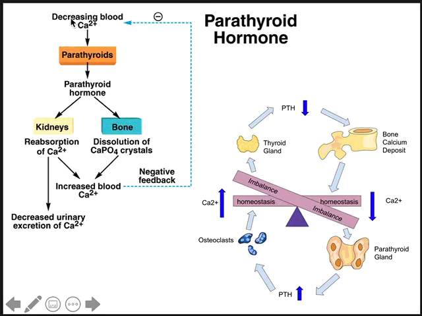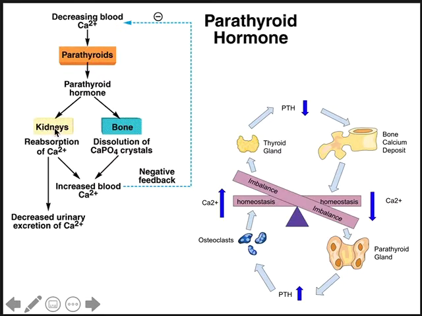Okay, so if there are low levels of calcium in the blood, the parathyroids will be stimulated and secrete parathyroid hormone. This is going to signal the kidneys to reabsorb more calcium, and it's going to signal the bone to break down and release calcium. And of course, you know that's done through the osteoclasts. Both of those processes will increase the blood calcium levels.